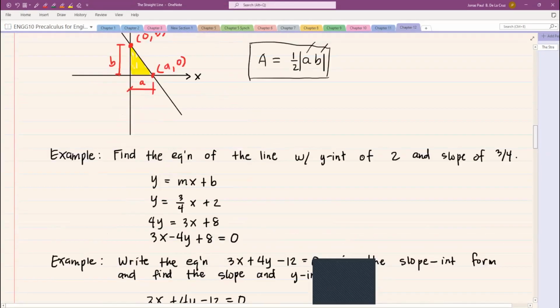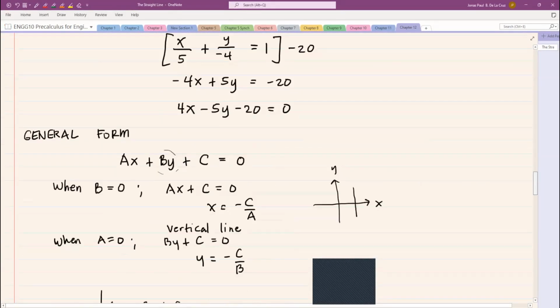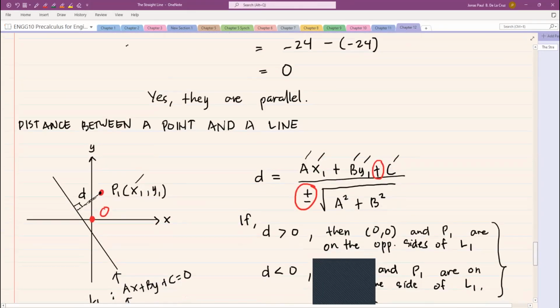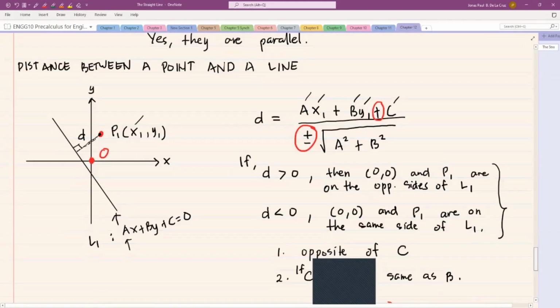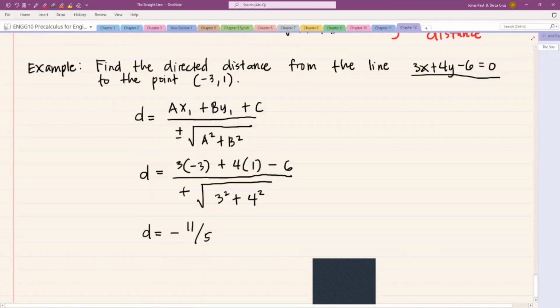Nandiyan na yan. And then dito pinag-usapan din natin yung distance between a point and a line. Okay. Baka may nakaligtaan ako.